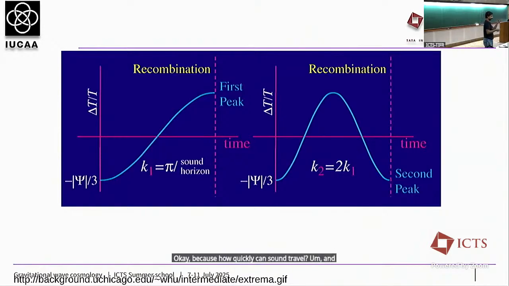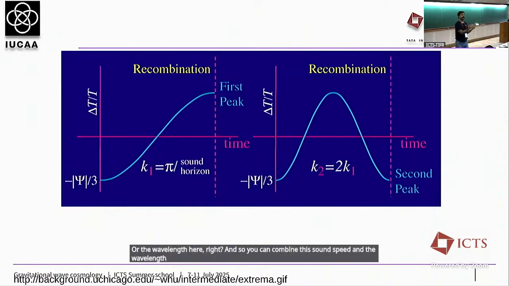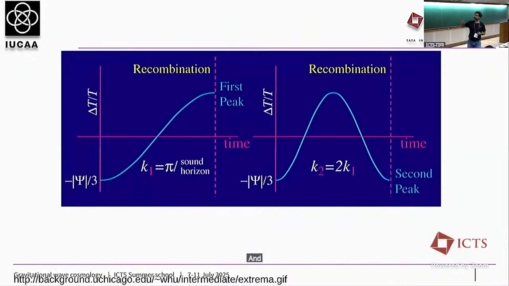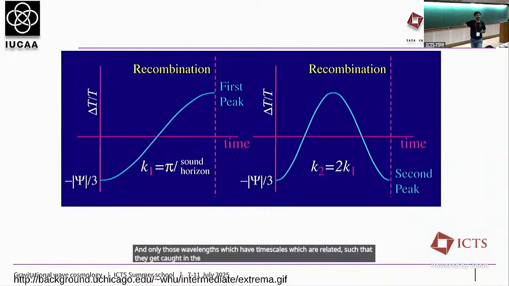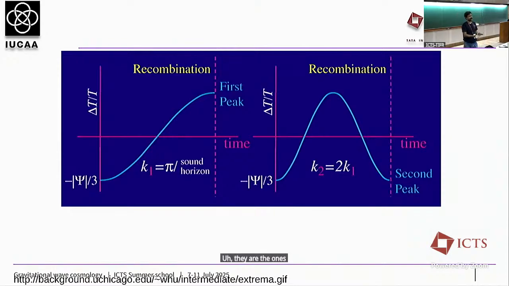That is c_s, the sound speed. And then the length scale comes from the inverse of the wave number, or the wavelength. You can combine this sound speed and the wavelength to get a time scale. Only those wavelengths which have time scales such that they get caught in their peaks are the ones where the fluctuations will be enhanced.